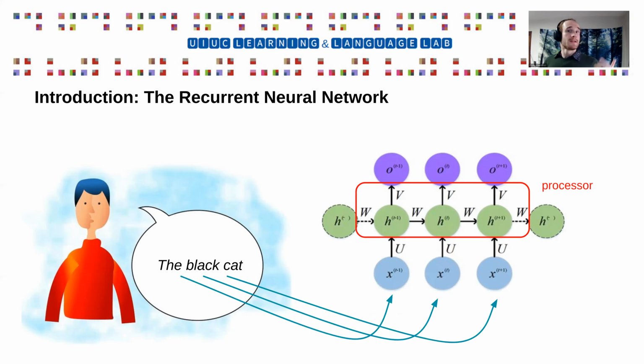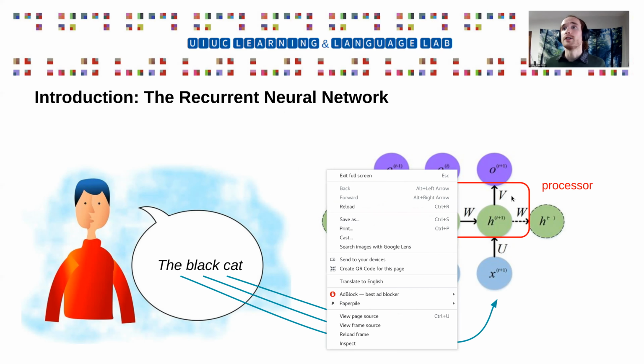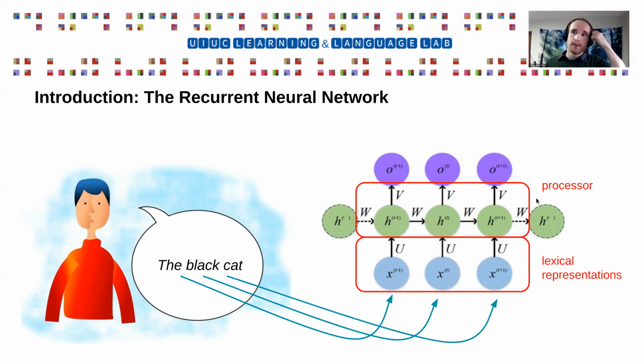So let's illustrate this a bit more visually, right? So we've been looking at knowledge in the processor, but I want to now take a look at the lexical representations. Why? So the matrix U is static. It's just a matrix that is always there, that you can just look up word representations in, right? U are the set of weights that connect the inputs to the hidden layer.